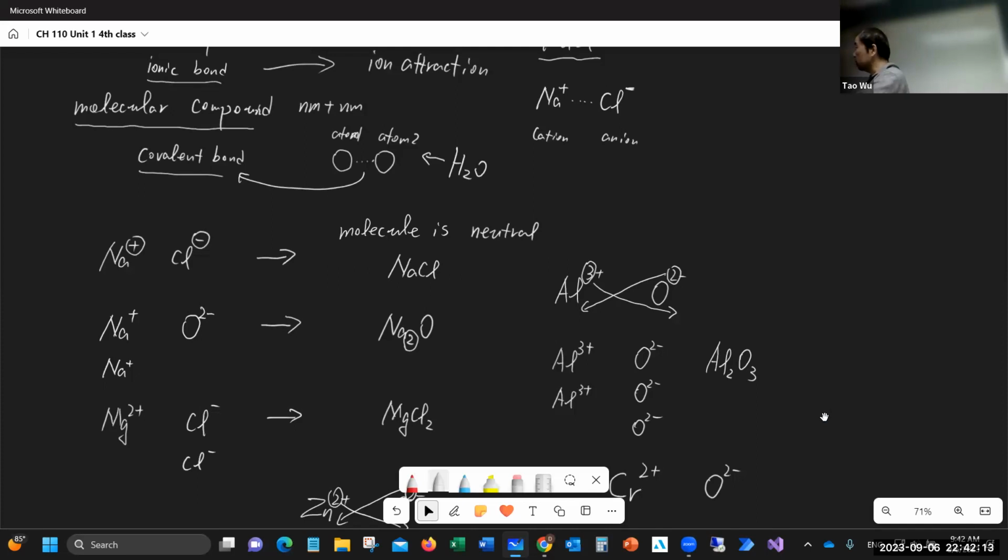They always have a cation and anion put together, because in nature, charged particles do not exist. They always attract the other side, because those charged ions are not stable.